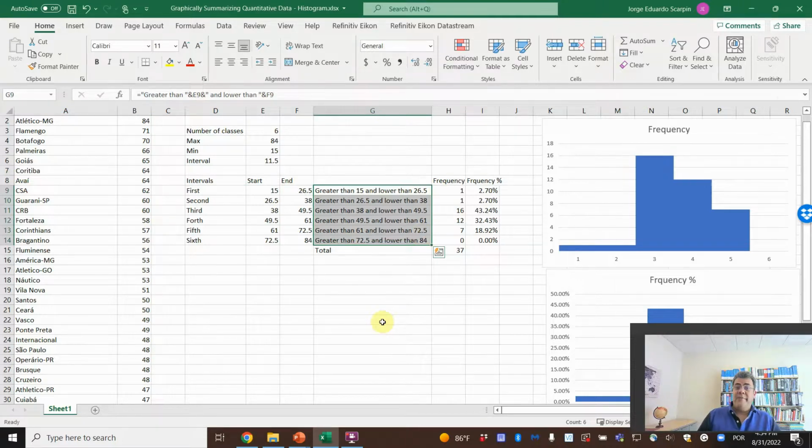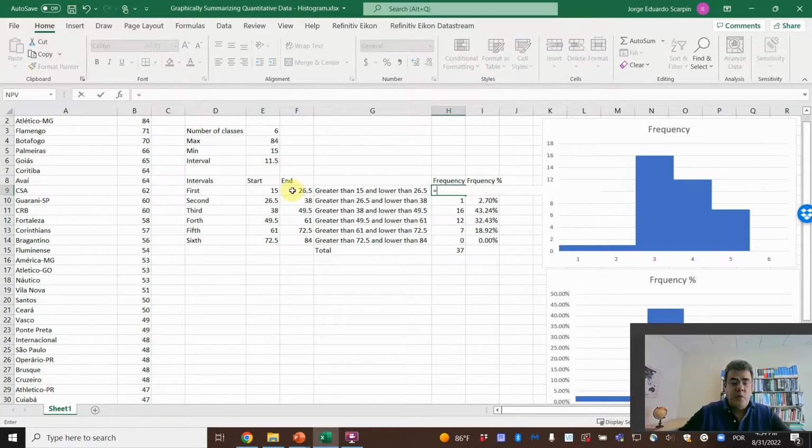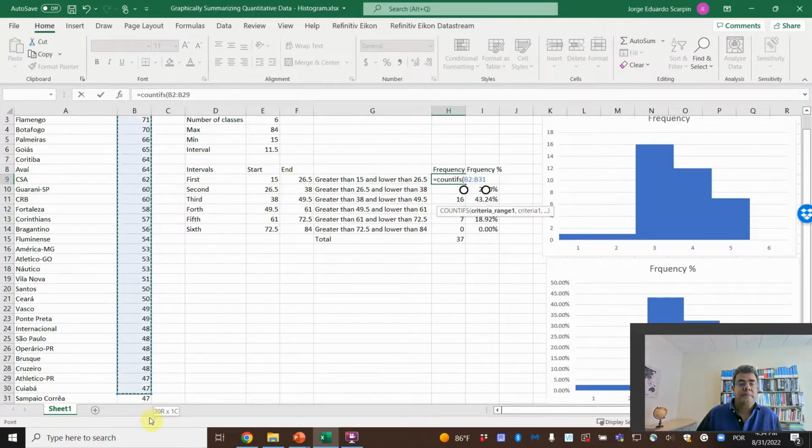So, okay, let's find the frequency. The frequency is a very hard formula because we need to count greater than the start, lower than the end. So we have two ifs. So equal, COUNTIFS, because we have two conditions. Criteria range 1, they are here.